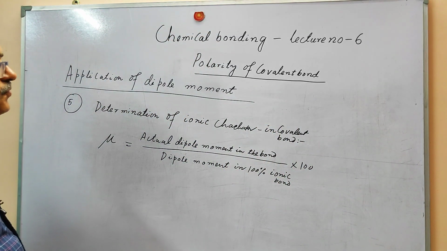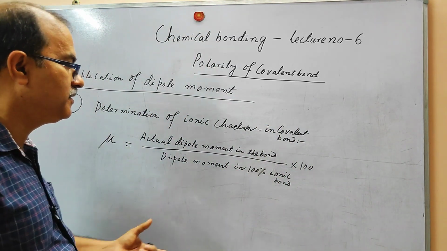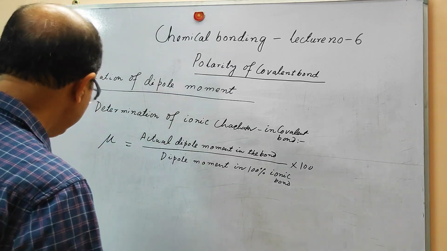From this you can calculate the percentage ionic character of the covalent bond.